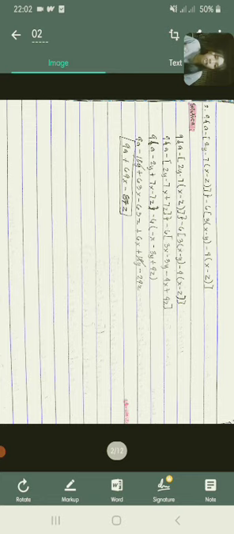And 63x plus 6x is 69x, and negative 63z plus negative 24z is negative 87z. So the final answer is 9a plus 69x minus 87z. And now we will proceed to equation number 3.